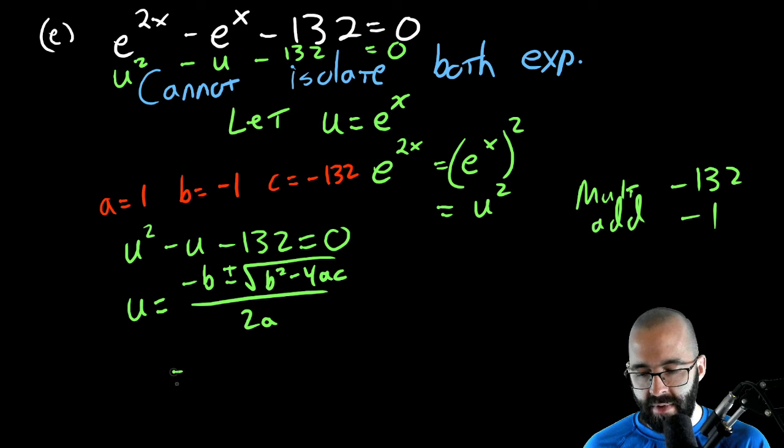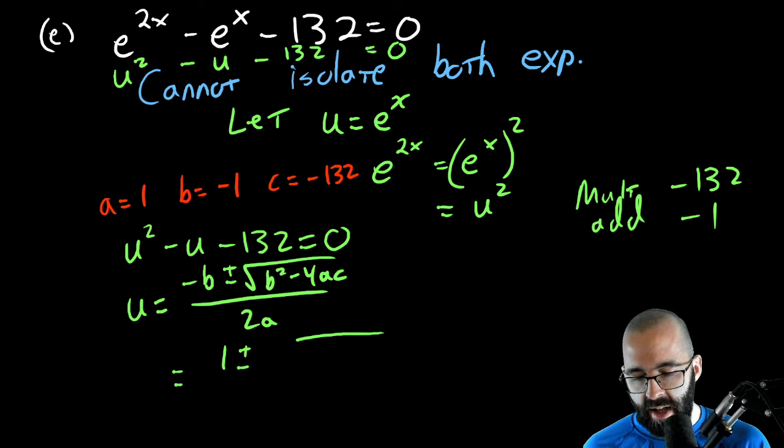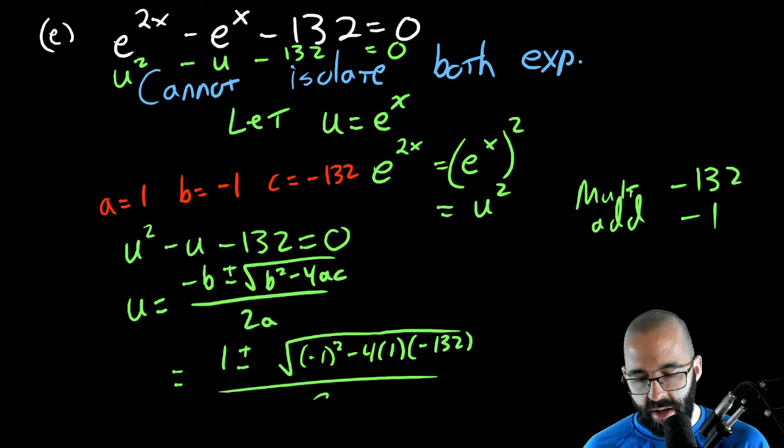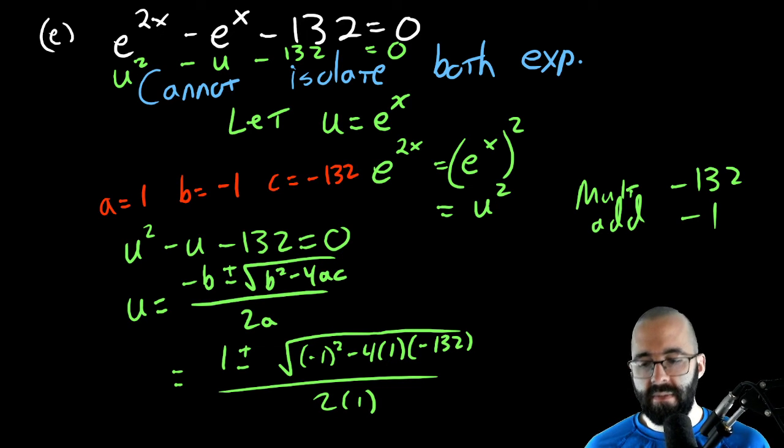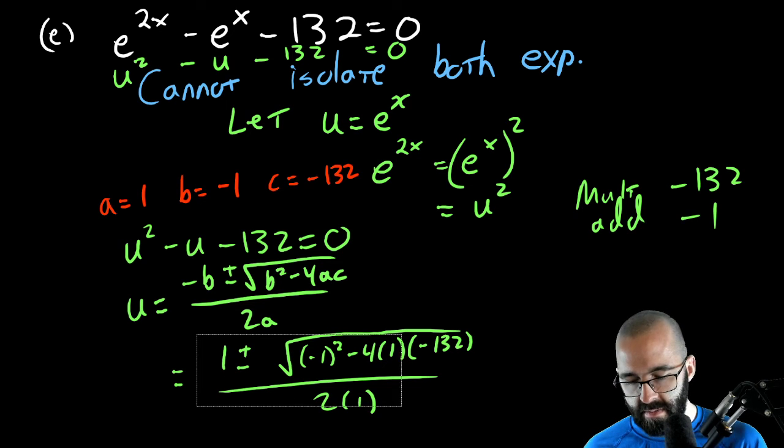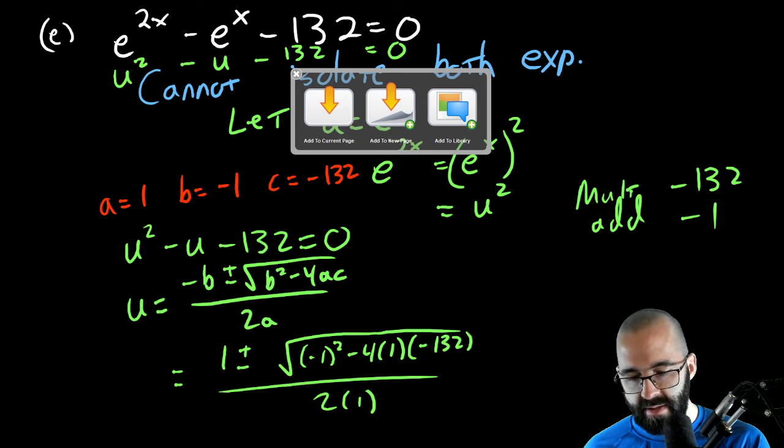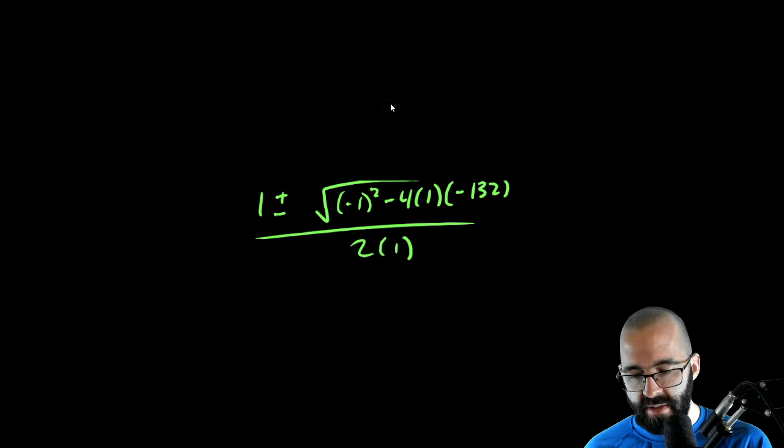Let's plug this in. The opposite of negative 1 is positive 1, plus or minus the square root of negative 1 squared minus 4 times 1 times negative 132, all over 2 times 1. Copy this to the next page.